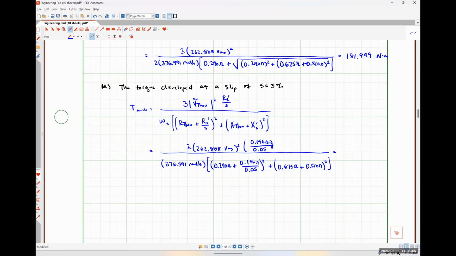So that's my numerator, shift store A. Then I have 112.636 newton meters.